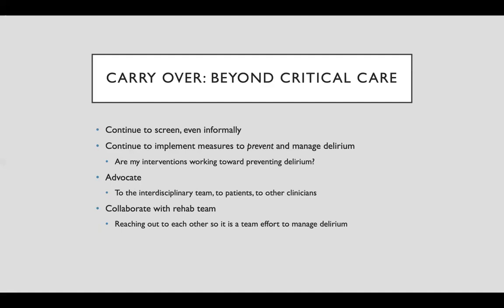Remember that we can't diagnose delirium, but it is important to have a good idea of where our patient is struggling and what outcomes we may want to utilize. Think about how interventions that you normally implement are affecting the patient and their delirium. We need to make sure that we are advocating for the non-pharmacological management of delirium to the interdisciplinary team, to patients, to other clinicians.